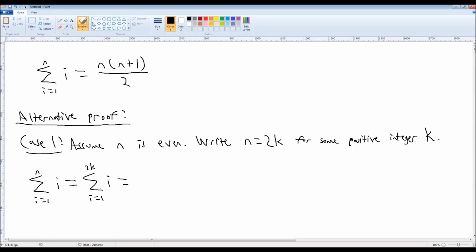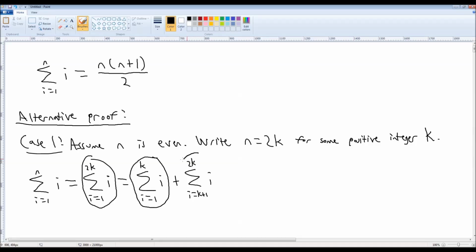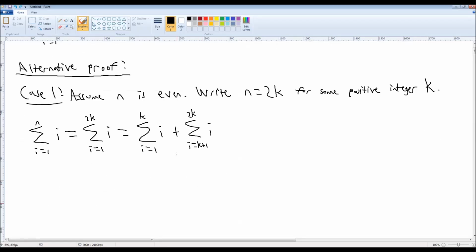And now by our properties of sigma notation, this is the same as the sum from 1 to k, plus the same thing, but from k plus 1 to 2k. We're just splitting the sigma up into the first k terms and then the rest of the terms. This is one of our basic properties of sigma notation.